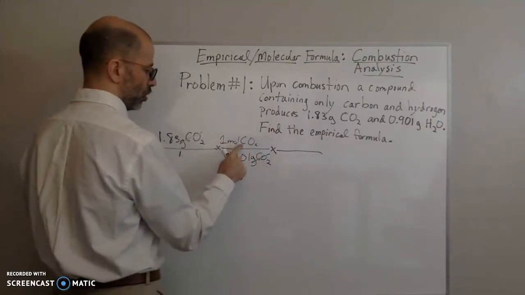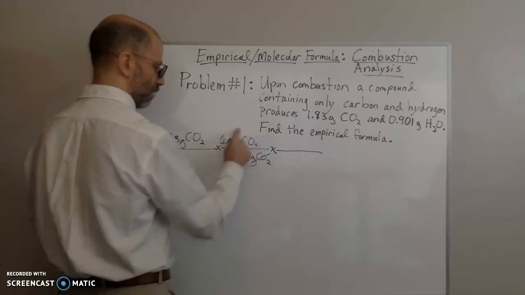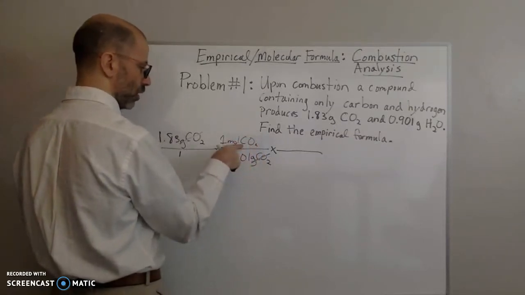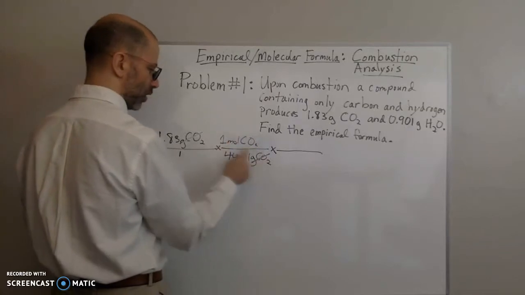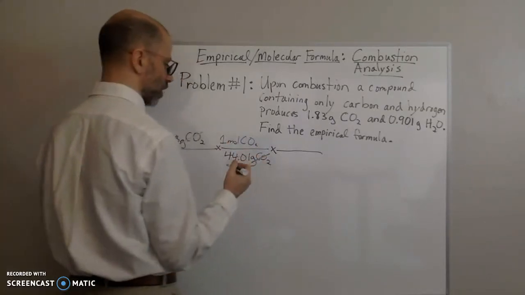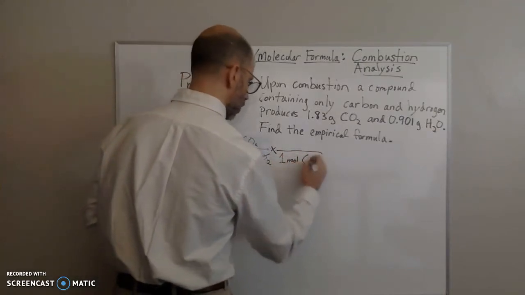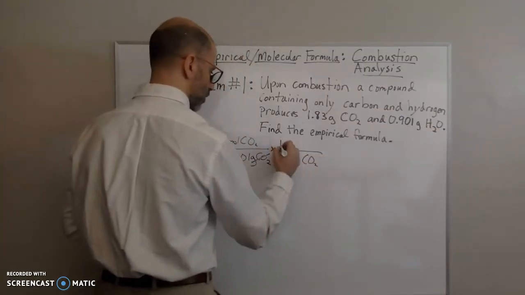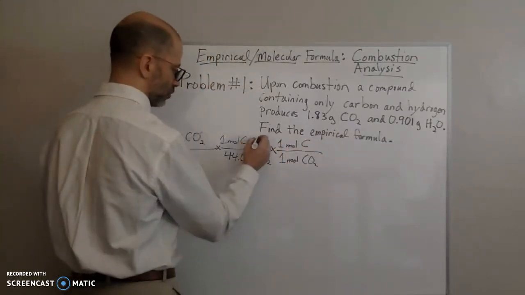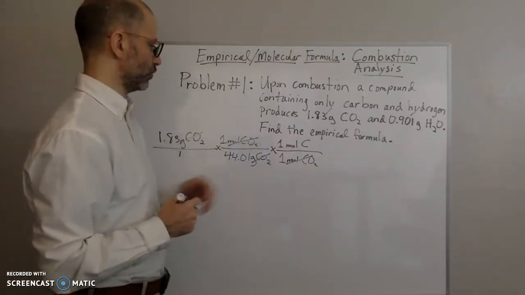The mole ratio of carbon dioxide to carbon is 1:1, because for every 1 mole of carbon dioxide, I get 1 mole of carbon, because every molecule of carbon dioxide has 1 atom of carbon. So I'm going to put 1 mole of carbon dioxide on the bottom, 1 mole of carbon on top. So now I have converted to moles of carbon.